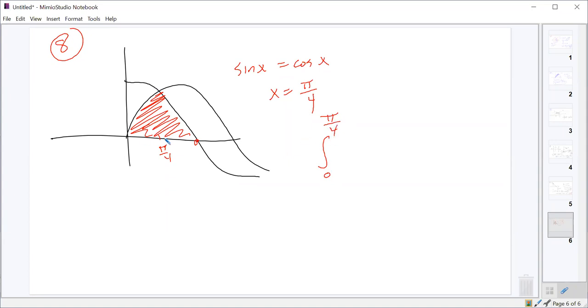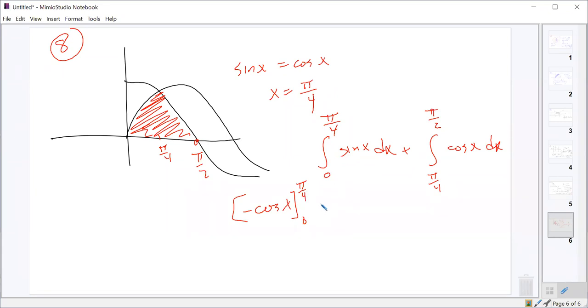and integrate from 0 to pi over 4 of just sine x, and then add to that the integral from pi over 4 to pi over 2, where cosine is equal to 0, of just cosine. The integral of sine is negative cosine, and the integral of cosine is just sine.